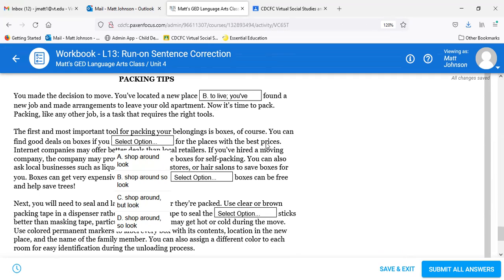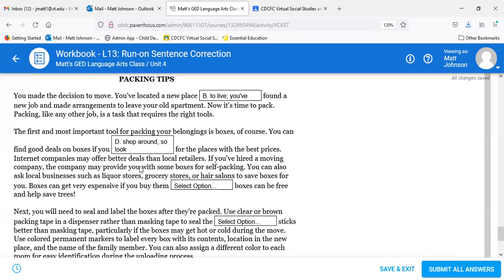You can find good deals on boxes if you shop around, comma, so look for the places with the best prices. That irks me because they gave you basically two right options. One adds contrast, where one is like a therefore statement. So here we want the therefore statement.